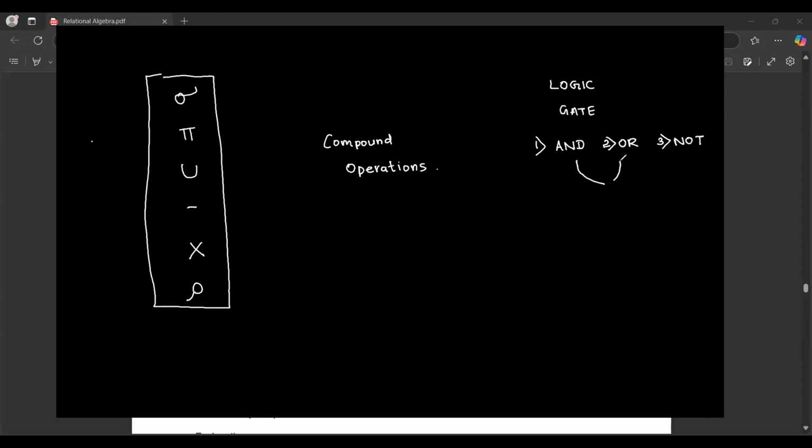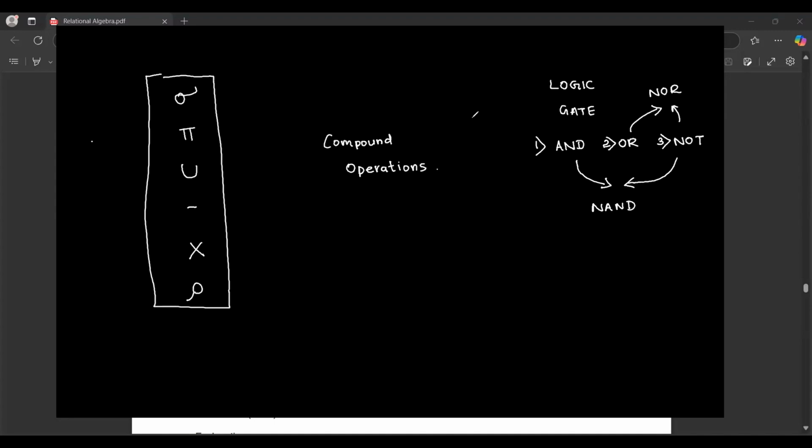Once you combine these different basic logic gates, you came up with combinational logic gates. For example, AND and NOT gave us NAND. OR and NOT gave us NOR. This is how we came up with compound logic gates.